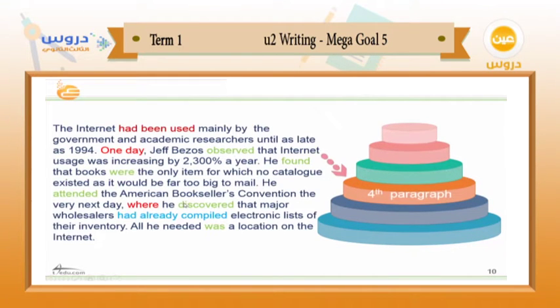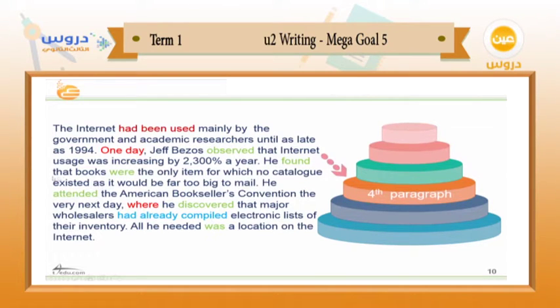Okay, so where is it? The internet had been used mainly by the government and academic researchers until as late as 1994. One day, Jeff Bezos observed that internet usage was increasing by 2,300% a year.